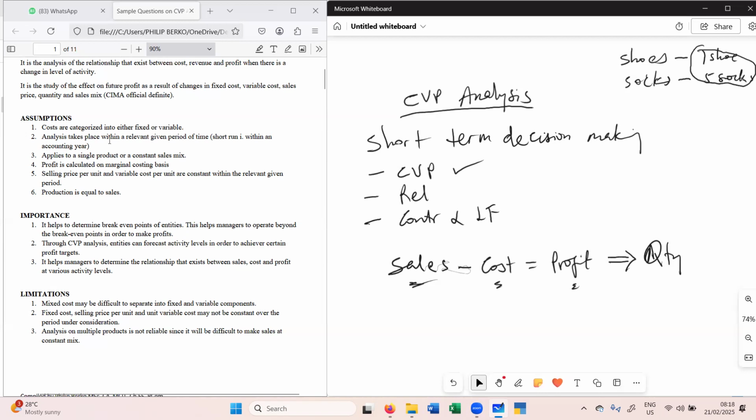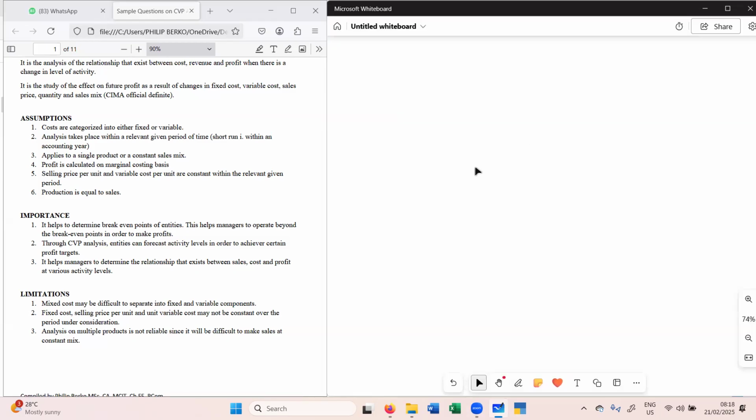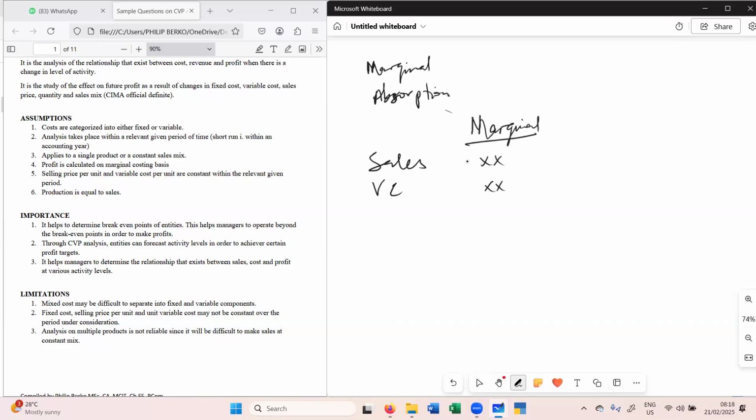Four, profit is calculated using the marginal costing approach. In profit ascertainment, we can use two different approaches: the marginal and the absorption. But under CVP, we always have to use the marginal. To use the marginal, you start with your sales, then you less your variable cost, and you get contribution.